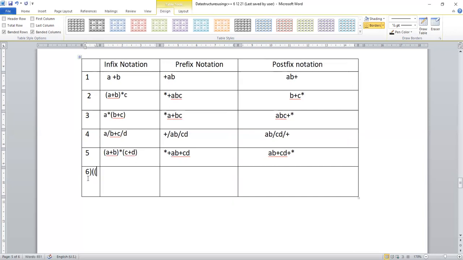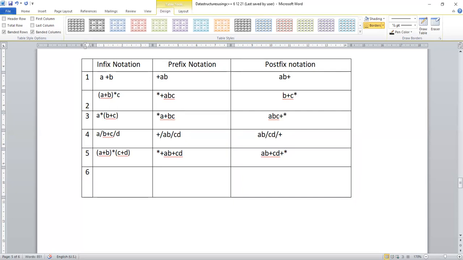Sixth one can be written as A plus B asterisk C close minus D. If this is written in prefix, how can we write? First minus will come, then asterisk will come, then plus will come, then ABCD will come.